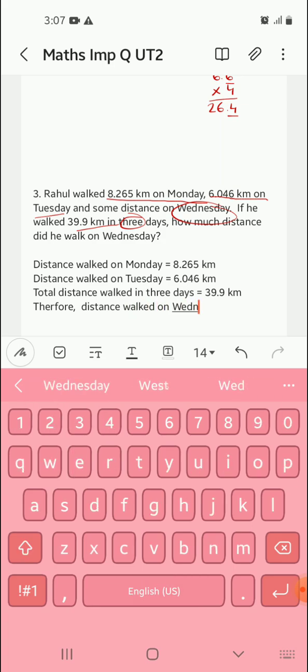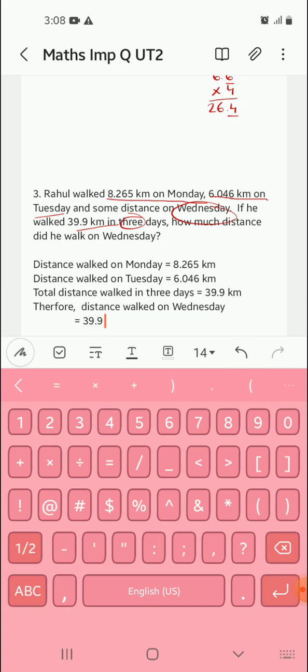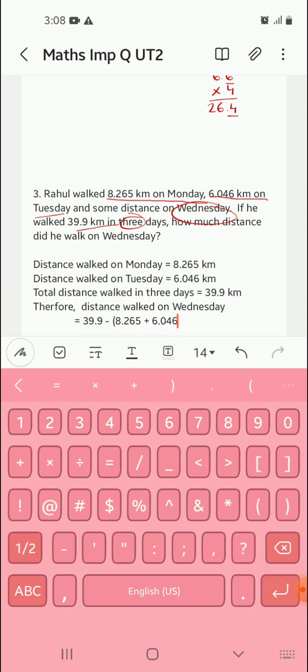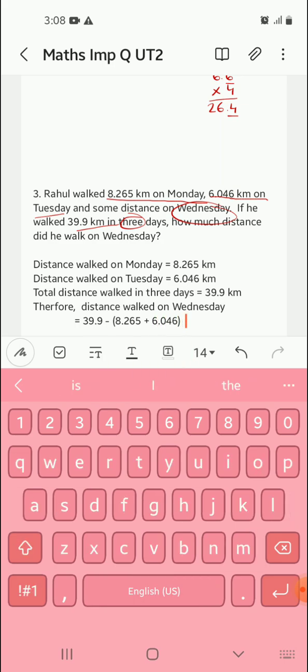So therefore, distance walked on Wednesday is equal to the total distance, that is 39.9 kilometer, minus the summation of the distance walked on Monday, that is 8.265, plus 6.046, and the answer is in kilometer.